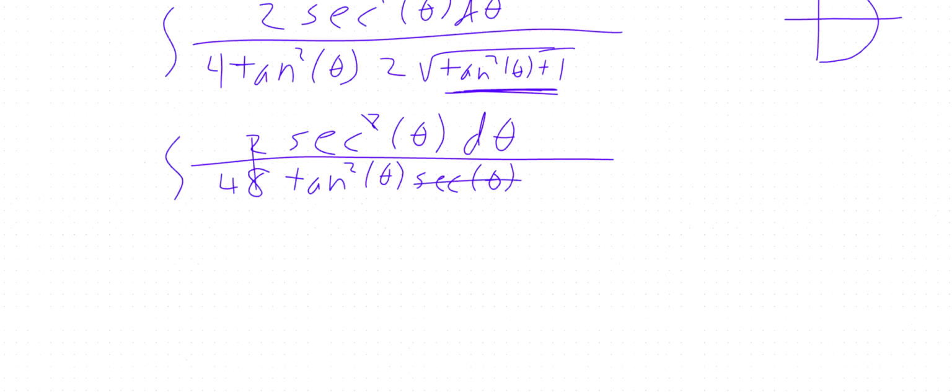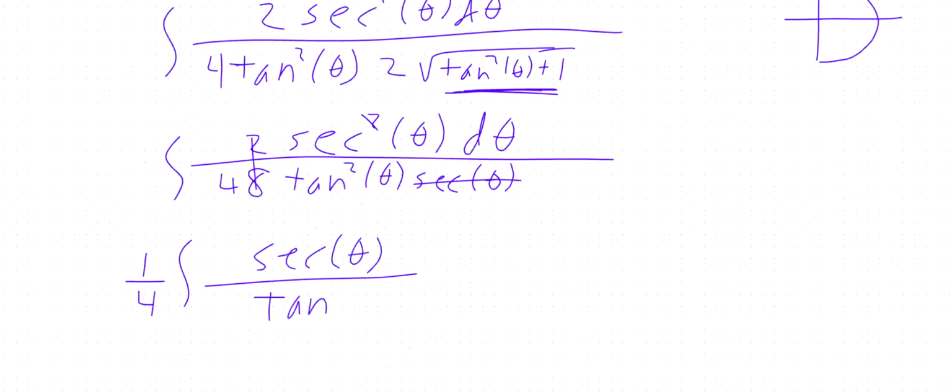So we're left with a 1/4. We can pull that out front. And we have a secant over tangent squared.